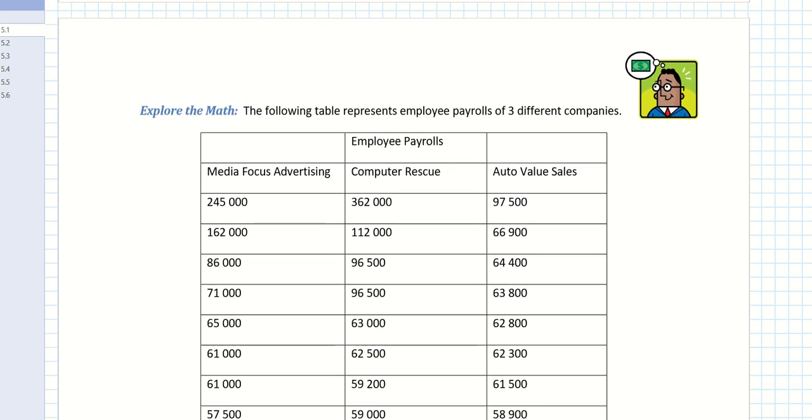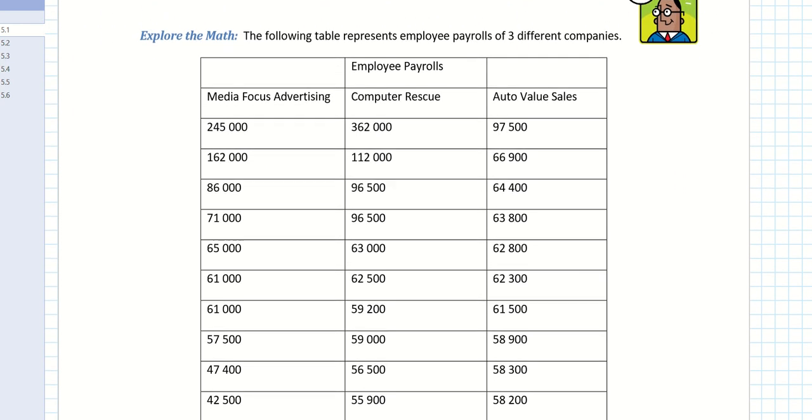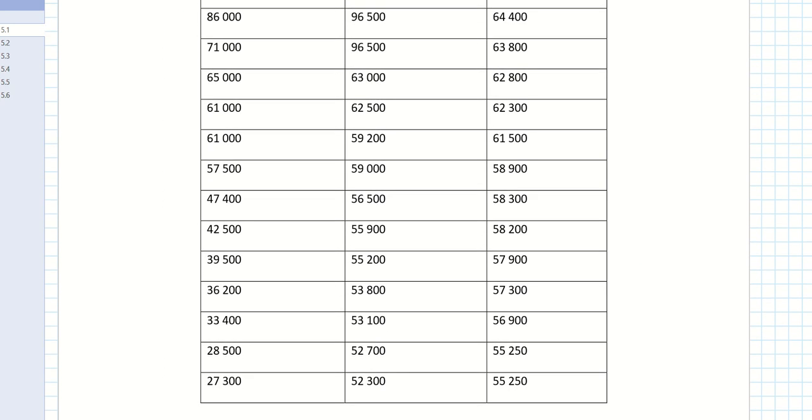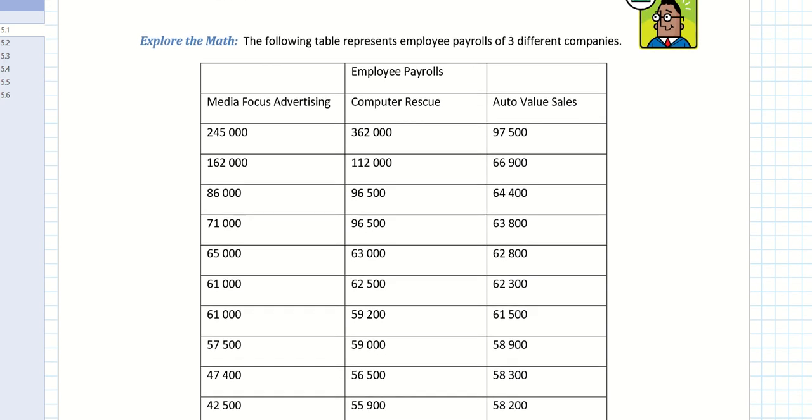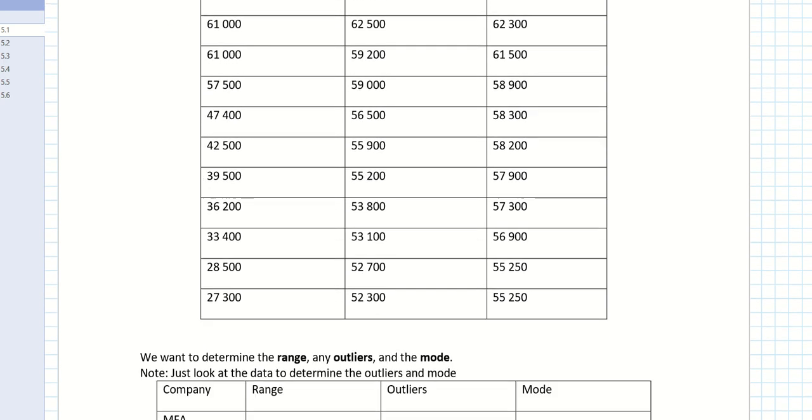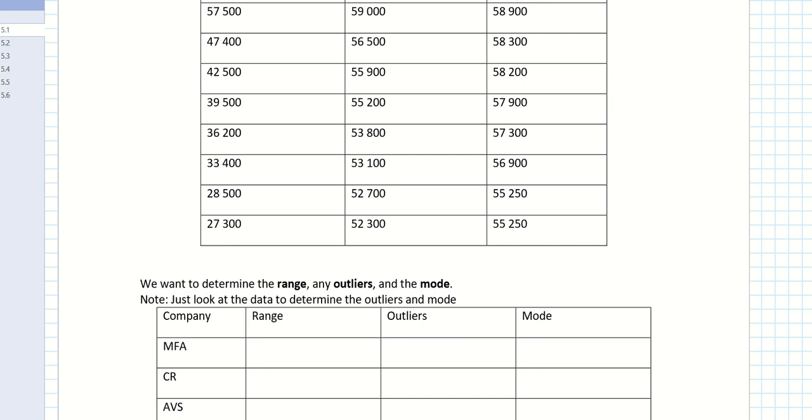So here's an example. We have a data table which represents the payroll of three different companies: Media Focused Advertising, Computer Rescue, and Auto Value Sales. Then we have a bunch of different values of their employees and what they are making. These are annual salaries. The question is, we want to determine the range, any outliers, and the mode for each company.